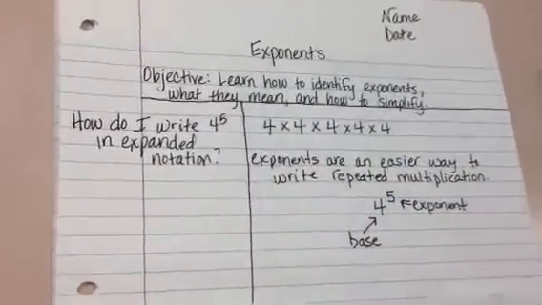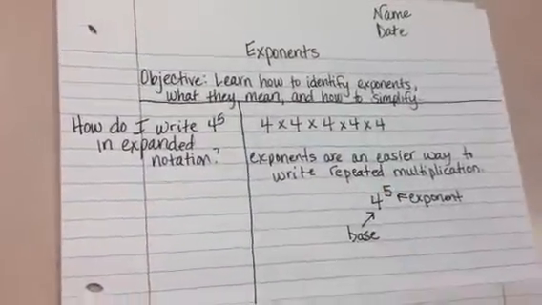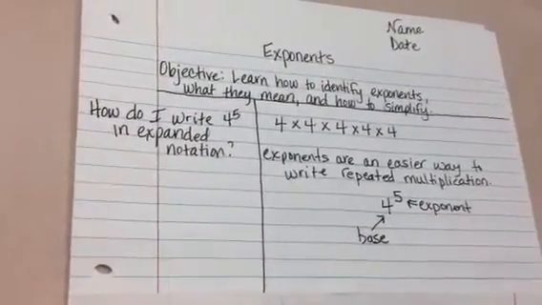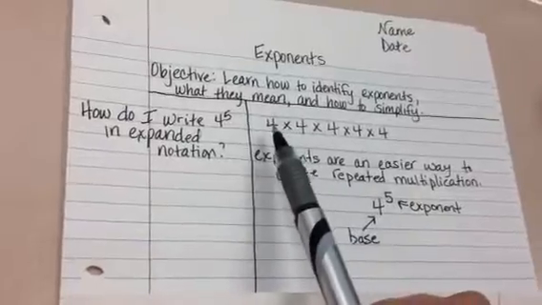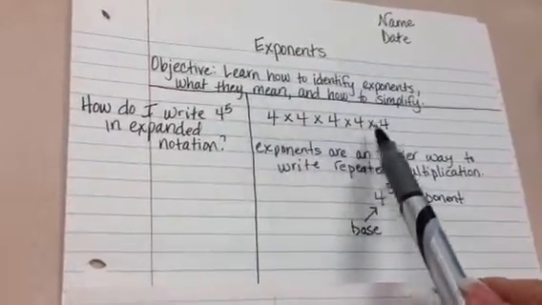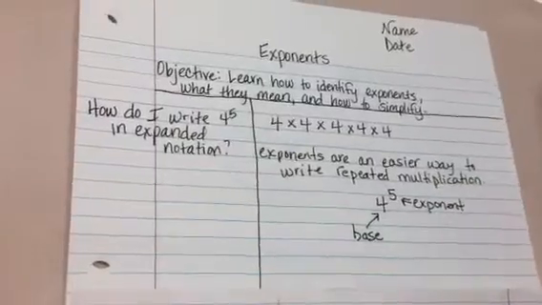And so remember, your paper will fold over just like this. How do I write 4 to the 5th in expanded notation? 4 times 4 times 4 times 4 times 4, and then you'll be able to check your answer. So what is expanded notation? It's showing the multiplication and the expanded way of what 4 to the 5th power is.